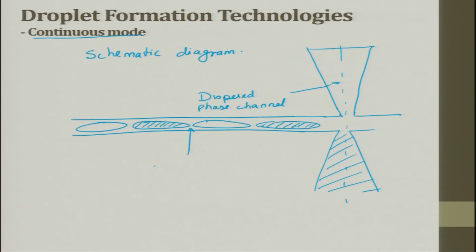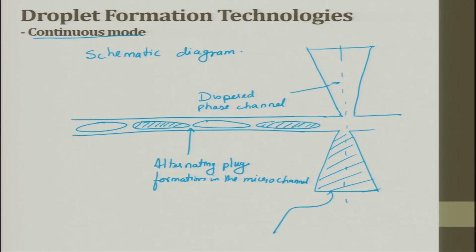This is alternating plug formation in the micro channel. This will be dispersed phase inlet 2.